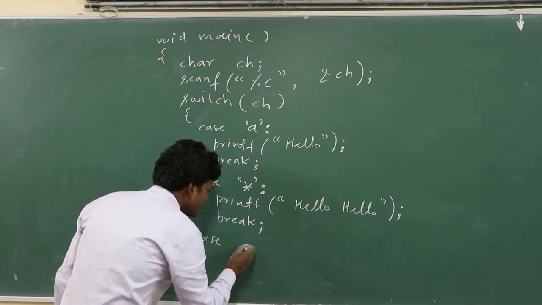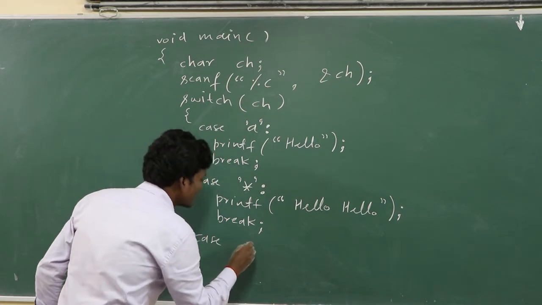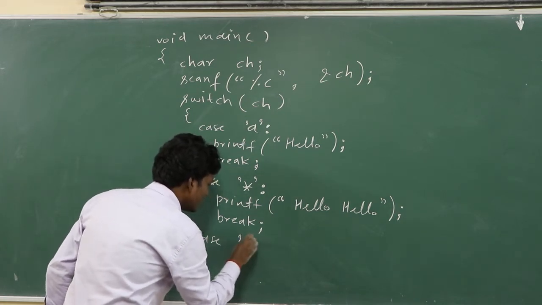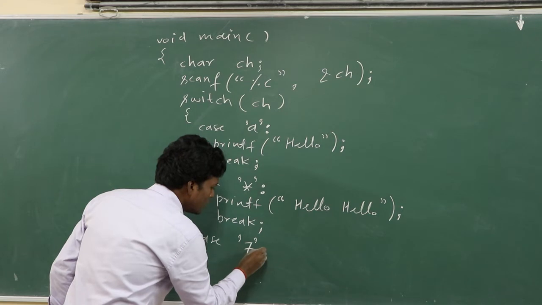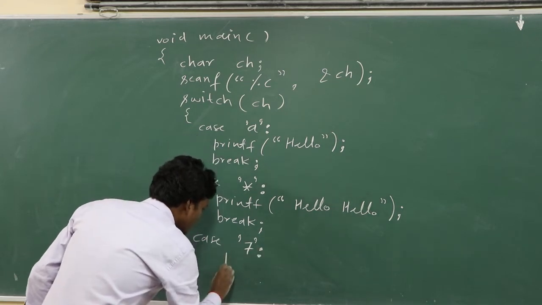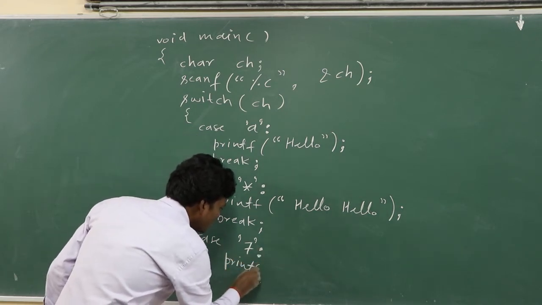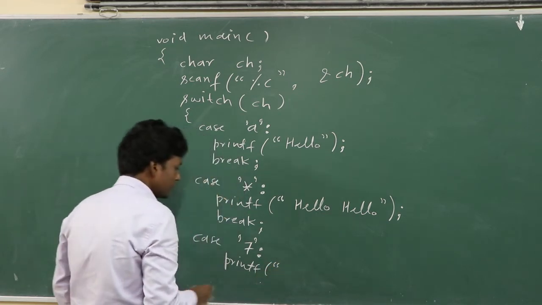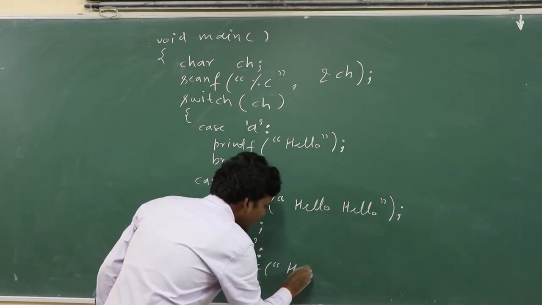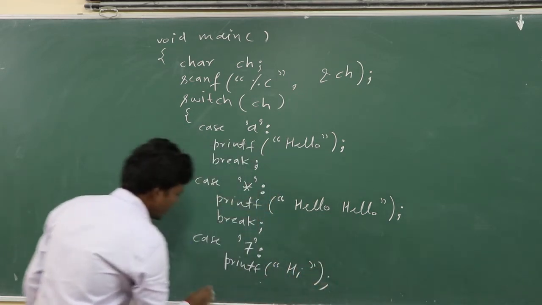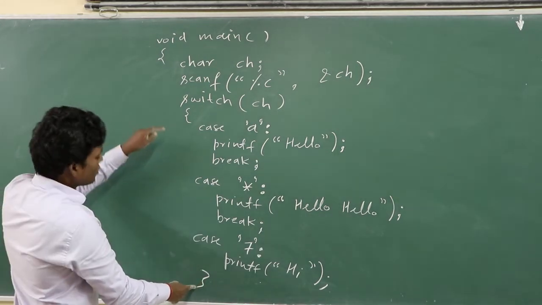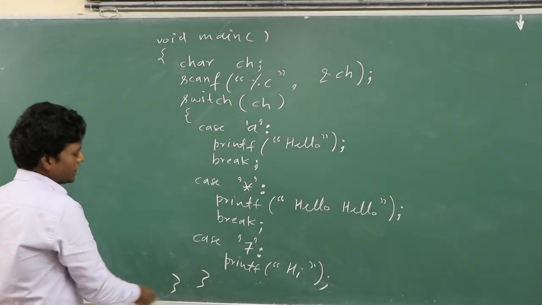Case '7', printf hi. Switch is closed here, main is closed here.